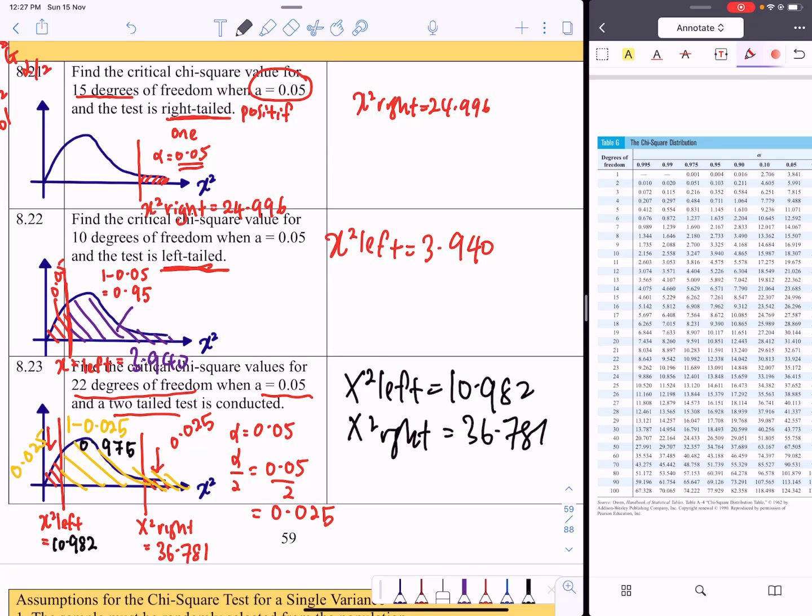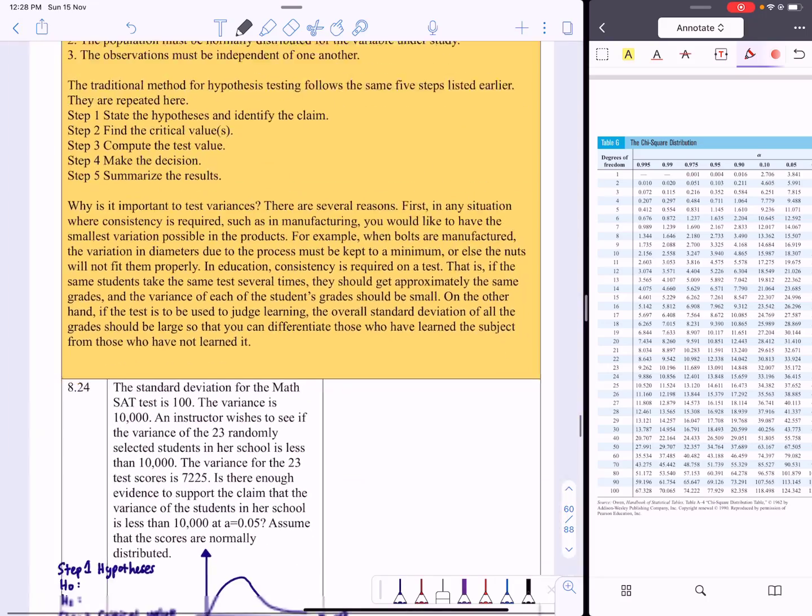The technique itself is quite different from how we find for table F, table E. Table G itself is quite different. There's no negative here. Table E dengan table F, dia ada negative value because they are on the negative side and the positive side.